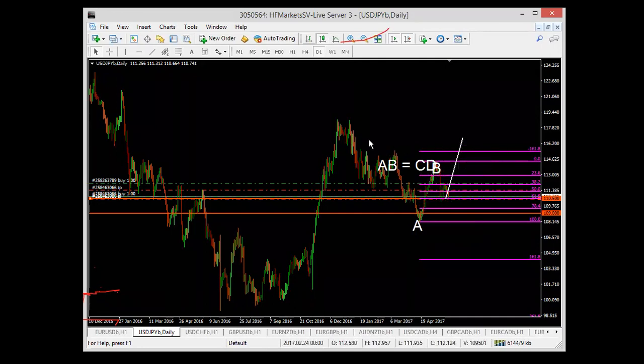So after this analysis, remember that we are doing almost everything at the same time. We have been able to see previous resistance here, and that resistance is still working here.